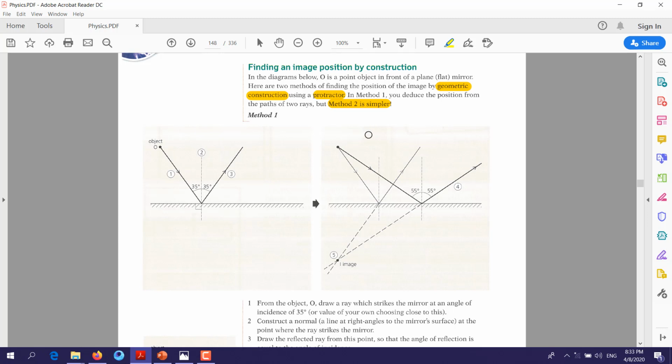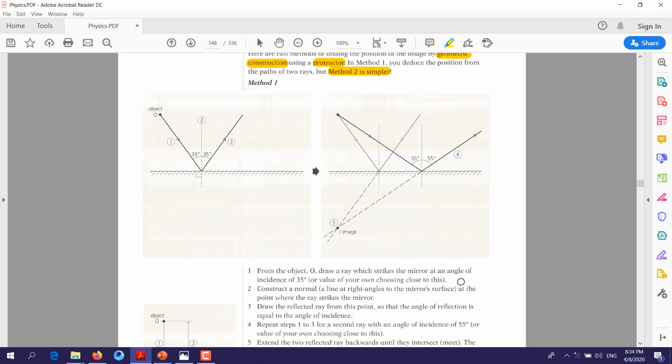So when you have a question, you will be free to use any way, unless they ask you to use a specific way or a specific method. Now, let's talk about method number 1, which is by geometric construction.